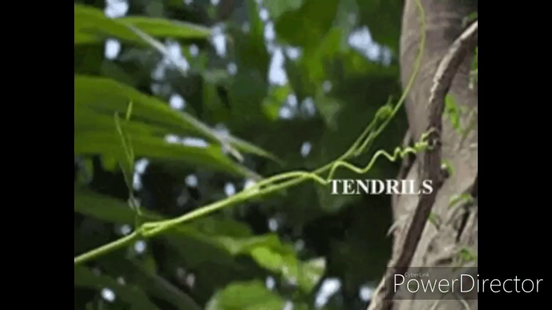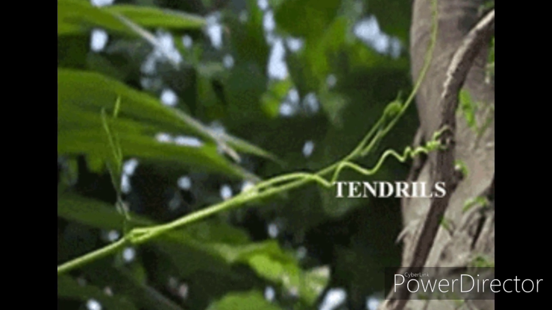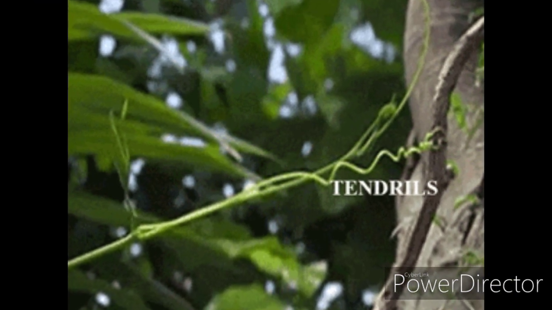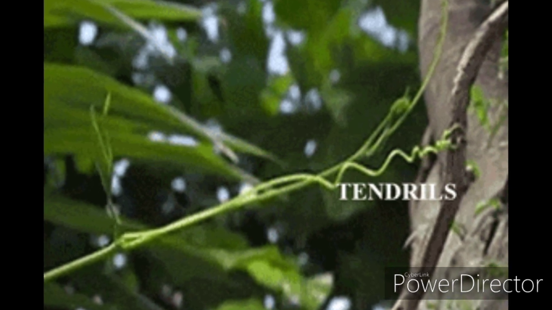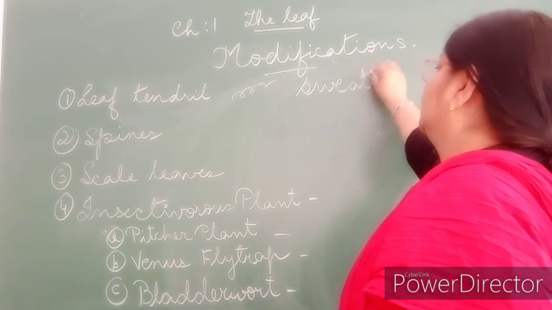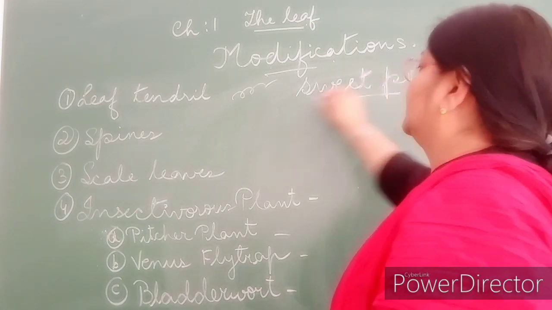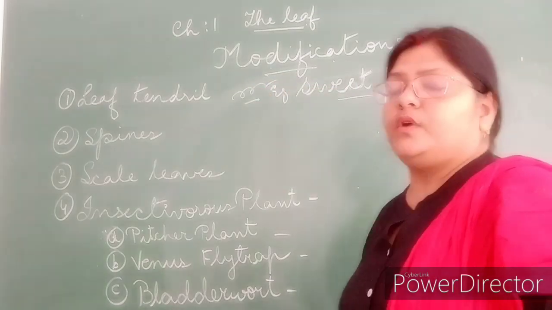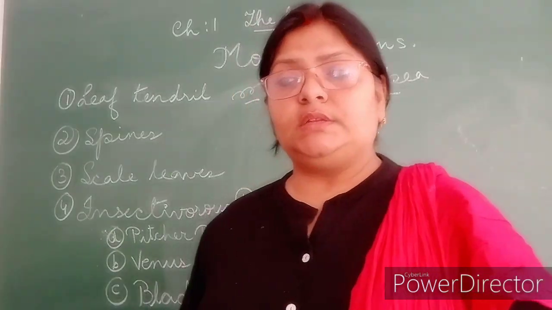These structures are very sensitive to any object beside them. As they can sense anything beside them, they coil around that object, and therefore help the plant to climb up. This you can see in the sweet pea plant. These wiry coiled structures which the leaf modifies into are seen in sweet pea.